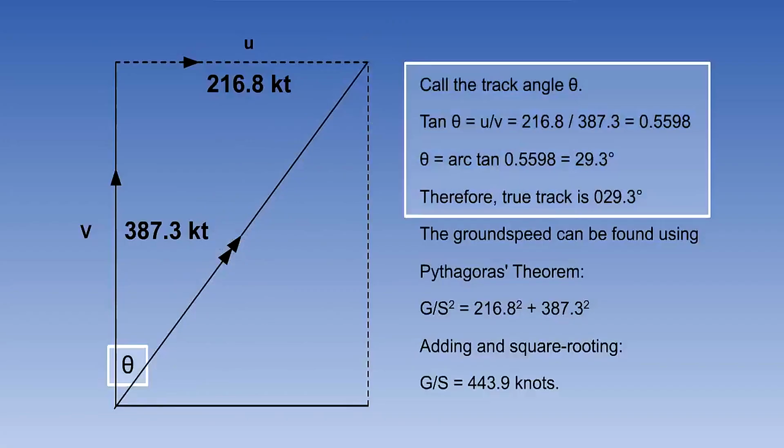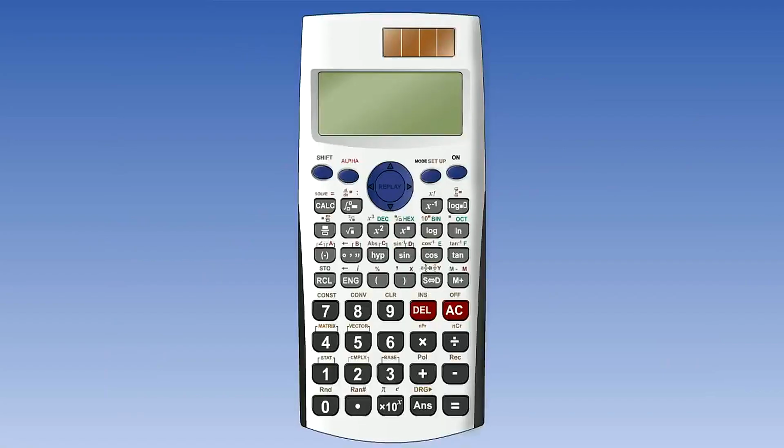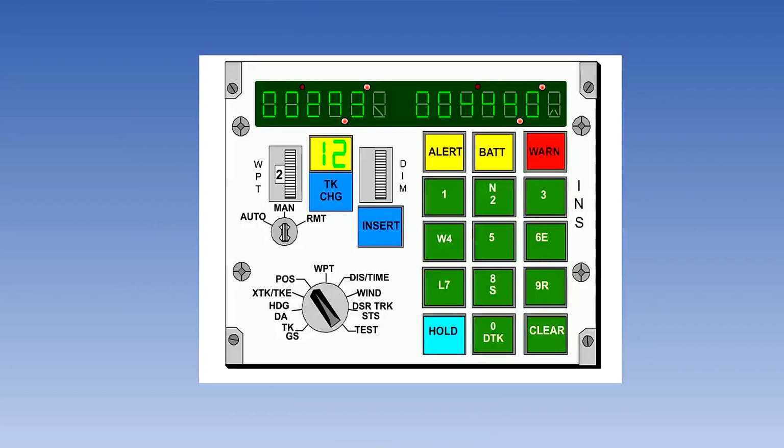Suppose, for instance, that we are in an airliner and our northerly velocity V is 387.3 knots, and our easterly velocity U is 216.8 knots, then our vector diagram is like this. Although we carry out addition of two vectors, the aircraft does not travel first north, then east.